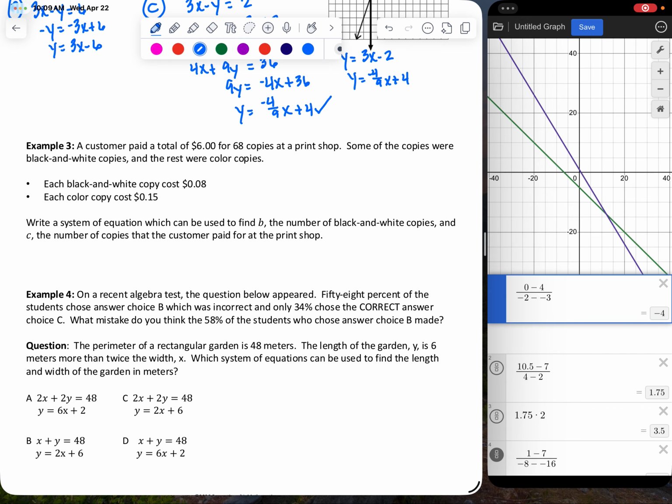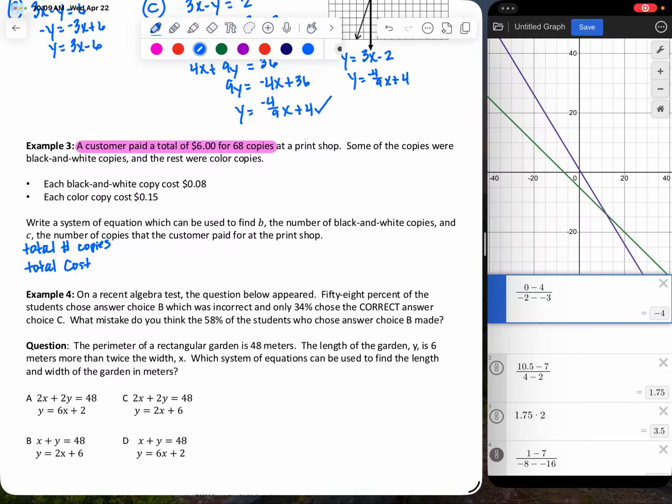All right, so what I want to do is write one equation for the total number of copies and one equation for the total cost of the copies. So we're going to go back to the original sentence, which said a customer paid a total of $6 for 68 copies.